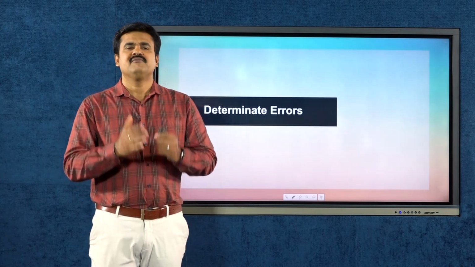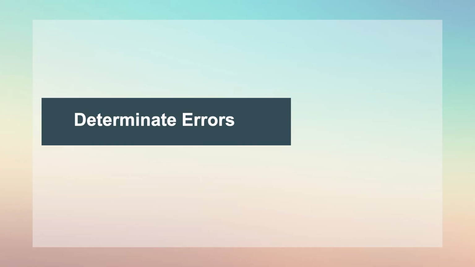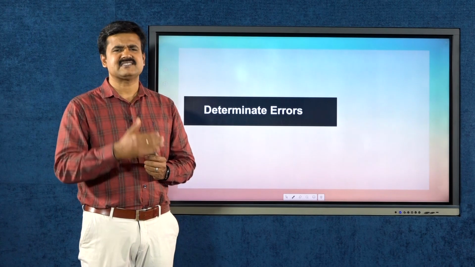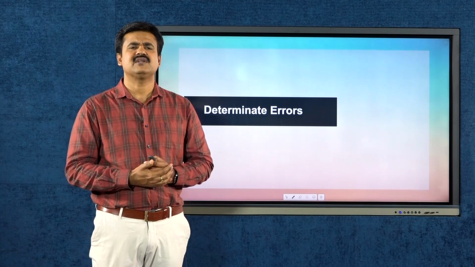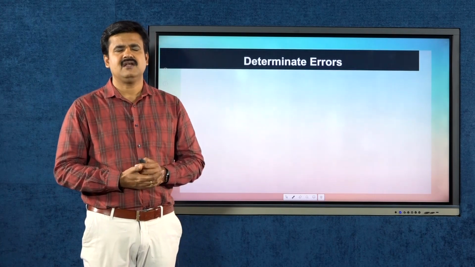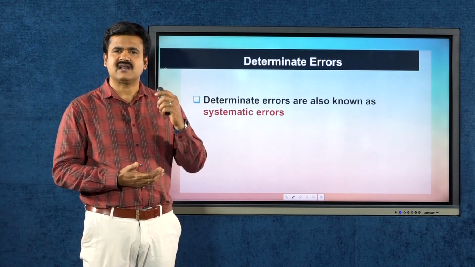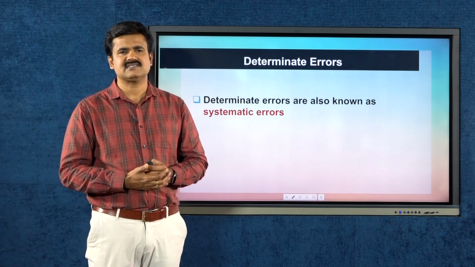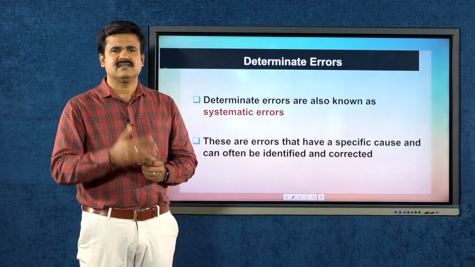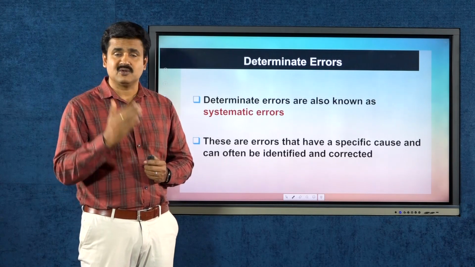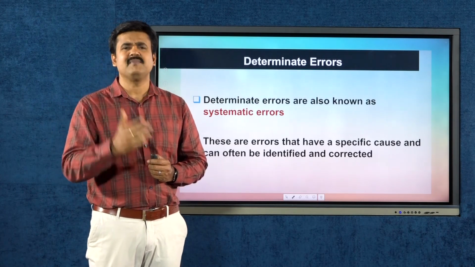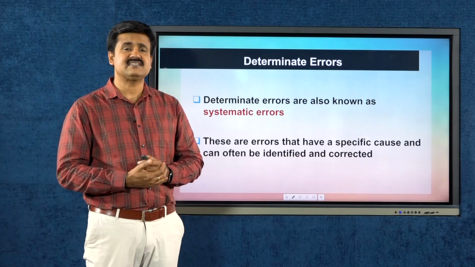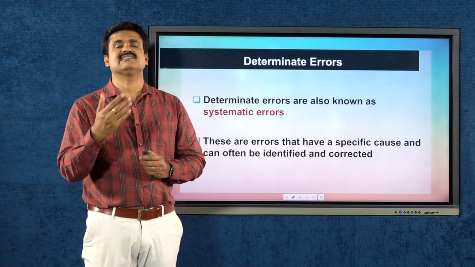Now, we are giving emphasis to determinate errors. We know previously some basic aspects about determinate errors. First of all, determinate errors are also known as systematic errors, and these errors have a specific cause, and to some extent these kinds of determinate errors can be identified as well as corrected.